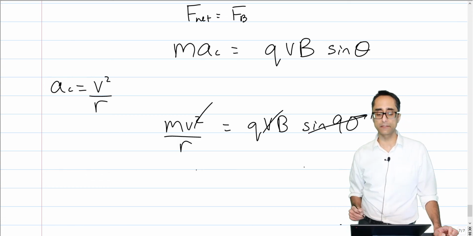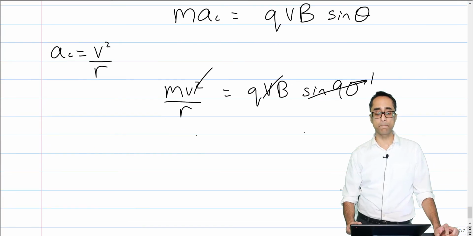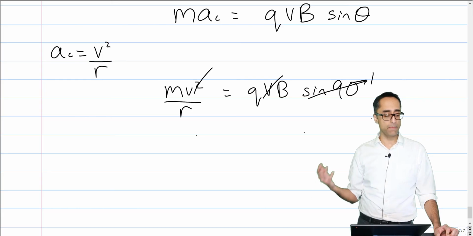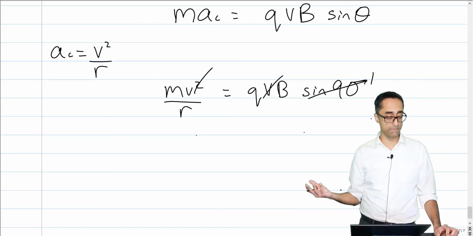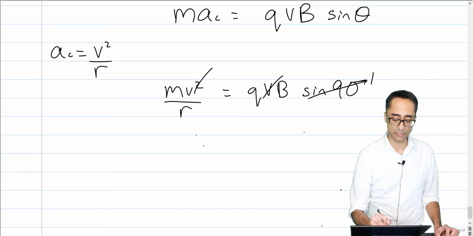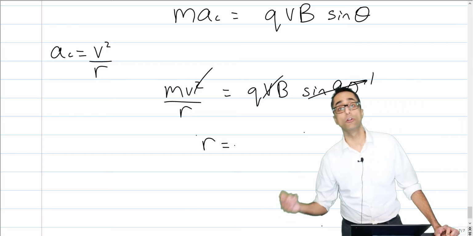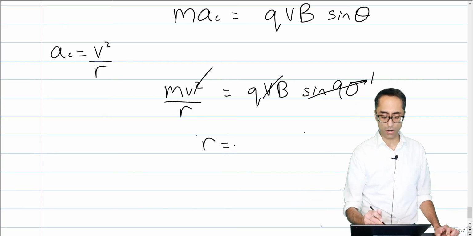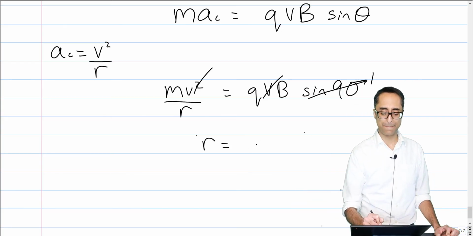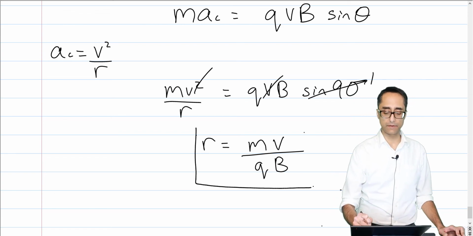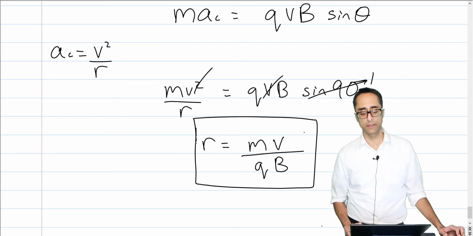I recall that is 1, leaving me with a much nicer equation which we could solve for any of these values. m v equals qBr, but traditionally we write it in terms of r, the radius of the circle. r here should be equal to mass times velocity, all divided by qB. Interesting. This is a very interesting equation.